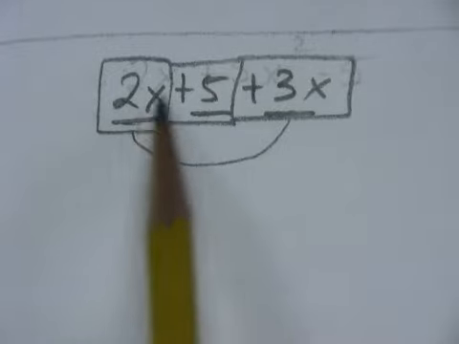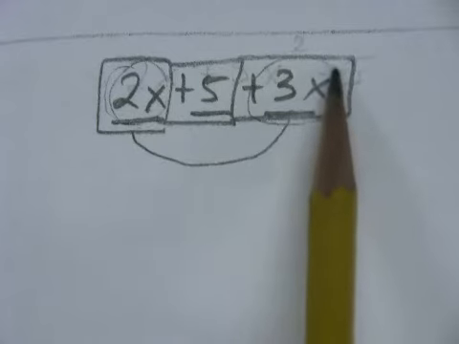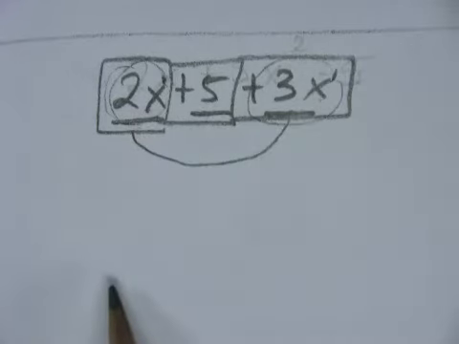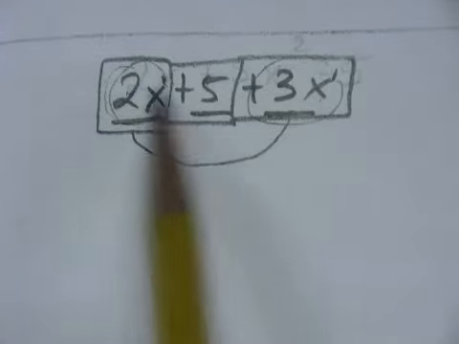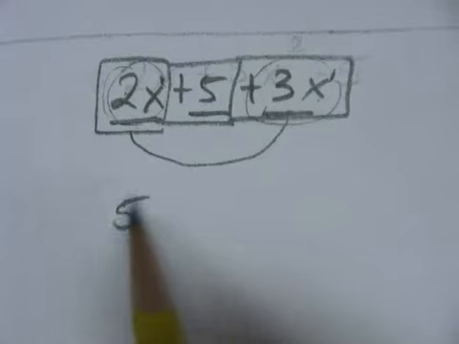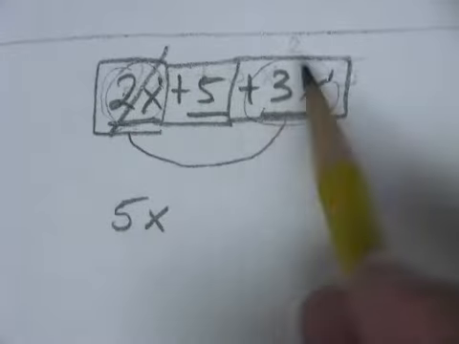So for example, this is 2x and this is 3x. Since both of them have an x, and the exponent on that x is a 1, then I can put those two together. And here's how I do it. I simply add the coefficients together. So 2 plus 3 is 5, and you carry down the x. It's not x squared, it's just plain x. So that's those 2 terms.